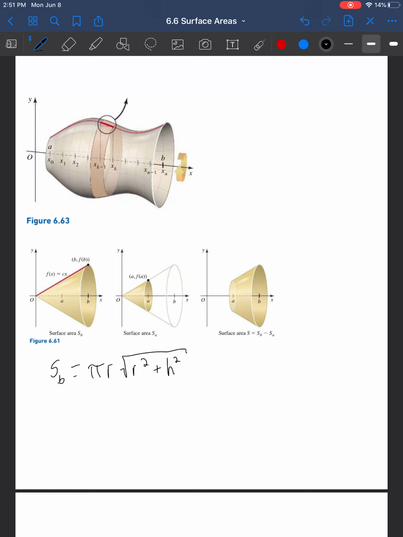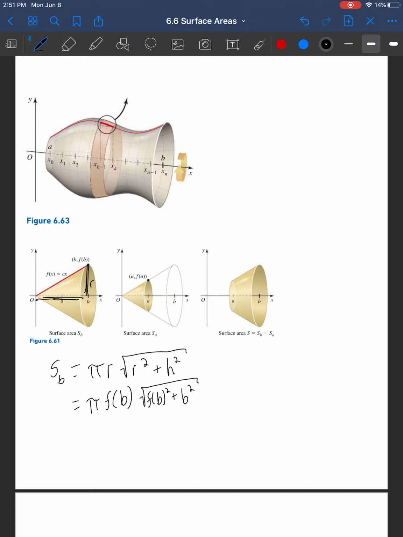So if we plug in actual specific things for this problem, we know that our radius is this distance right here, and that's given by f of b, and then our height is given by b. So this is actually equal to pi f of b square root f of b squared plus b squared.